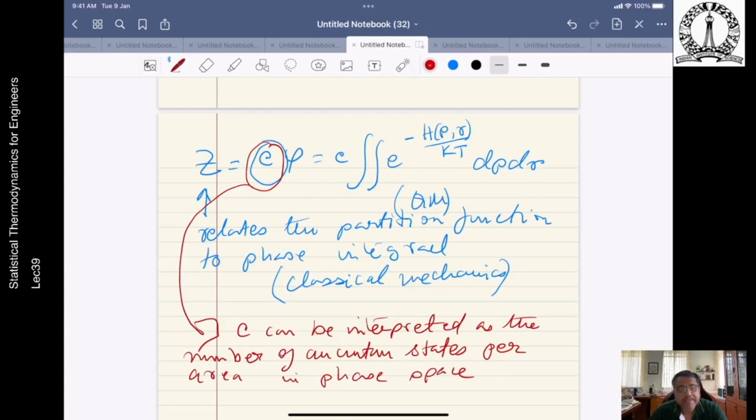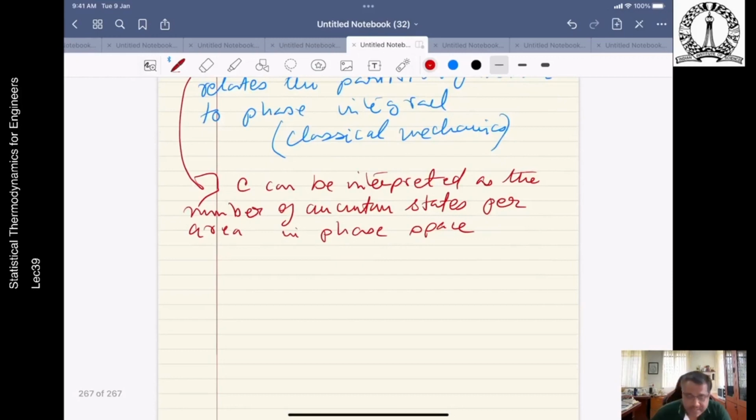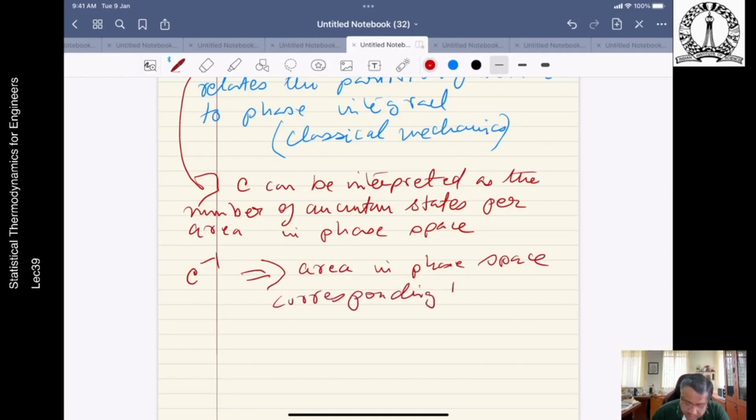This is the interpretation of C. As a result, C inverse must be the area in phase space corresponding to one single quantum state.